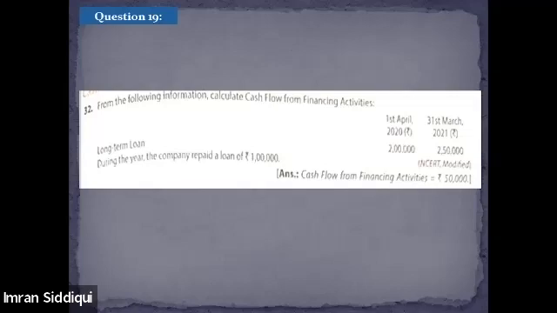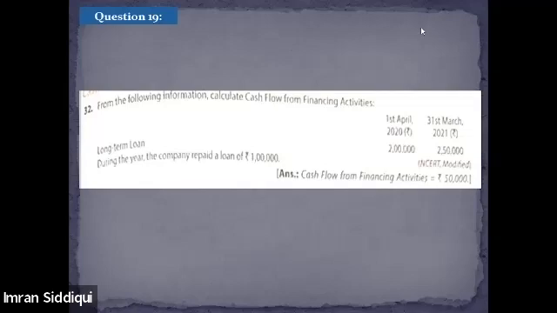Sir, here payment of loans will be subtracted from long-term loans. Sorry, payment of loan will be subtracted from? Yes, from 50,000, 1 lakh minus 50,000. Yeah, see, basically, in order to solve this question, you will have to prepare the long-term loan account.